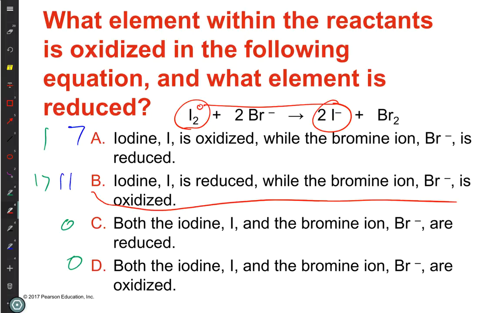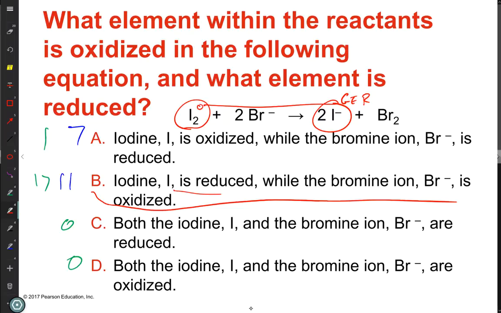Did it gain electrons or lose them? If it becomes negative, it gains an electron. So because the iodine gained an electron, it had to be the one that was reduced. So you answered correctly. That was one of the 2 ways of analyzing it, right?